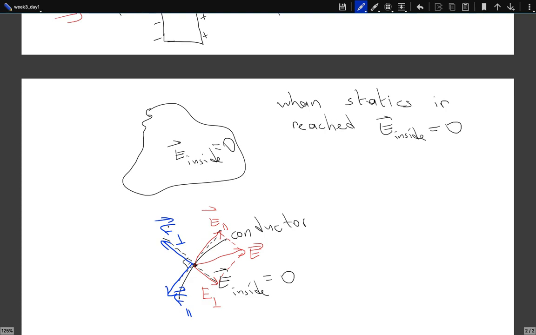But there is this horizontal force. The electron is free to move horizontally, because if it's moving horizontally, it's not leaving the conductor. So if there is such a component to the force, the electrons will be moving around. But that again means that we are not in the static case. So when the statics is reached, again, this parallel component will be exactly 0.